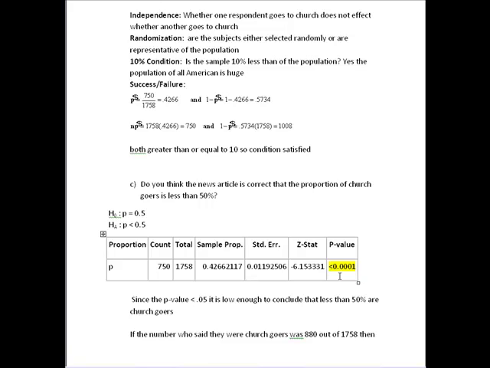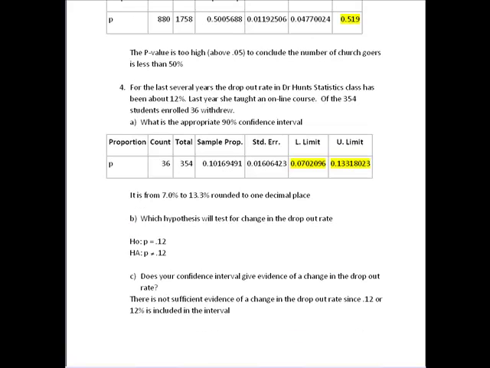And we get a p-value of less than 0.001. This is less than 0.05, so it is low enough for us to conclude that in fact less than 50% are churchgoers. We can conclude this with reasonable certainty because our p-value is very small.